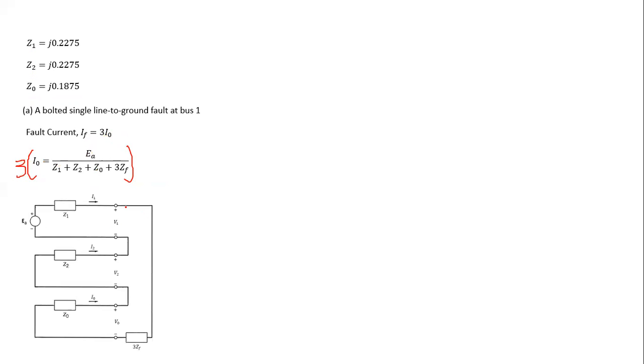This is the single line to ground fault network connection. So substituting the values of Z1, Z2, and Z0 into the equation, EA would be 1 angle 0.